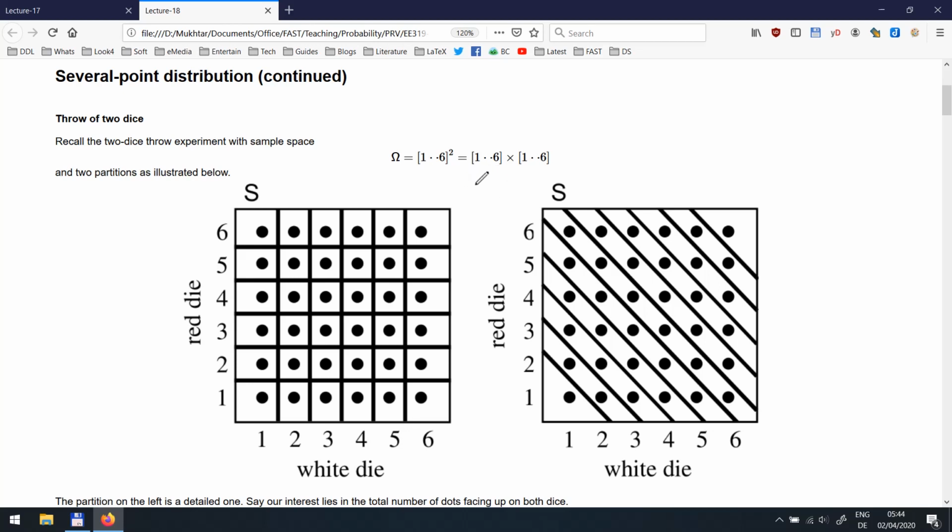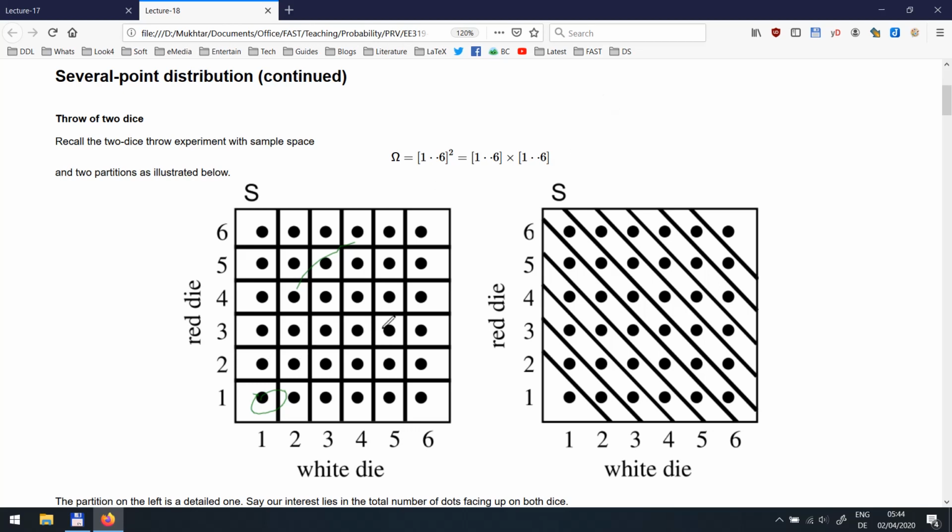how many dots show up on each. So on the left you are interested in all the details, so you want to look at each die to see how many dots it shows up.